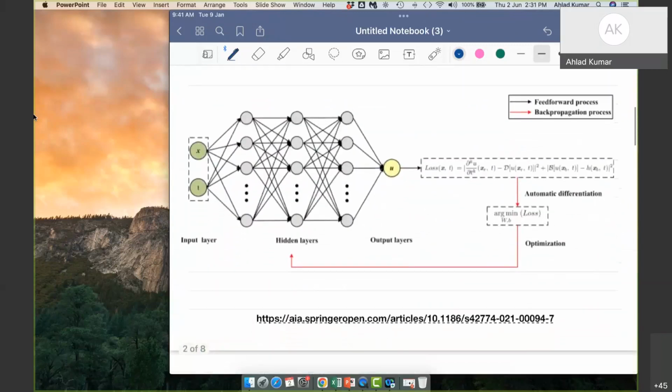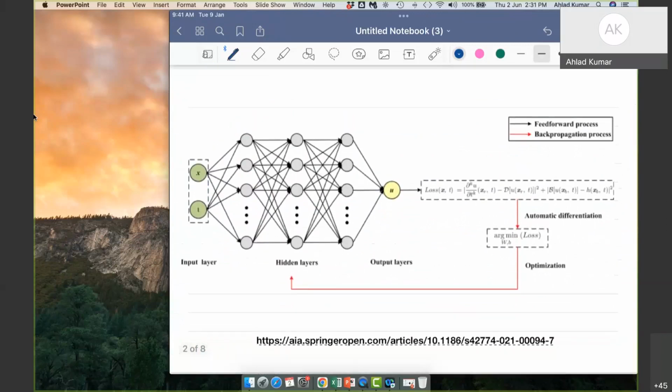Okay, so this shows you a brief understanding of how differential equations are solved using neural networks. Here you can see we have two inputs, x and t, because the differential equation is in both space and time, and then you have this output u. Right now it's written as u here, but we can take it as y.